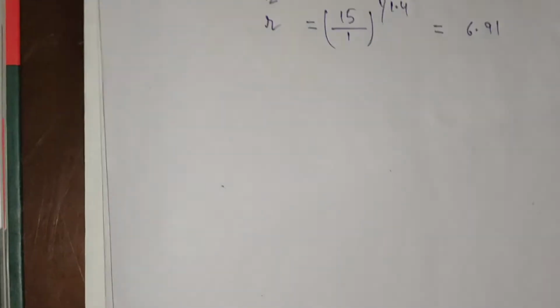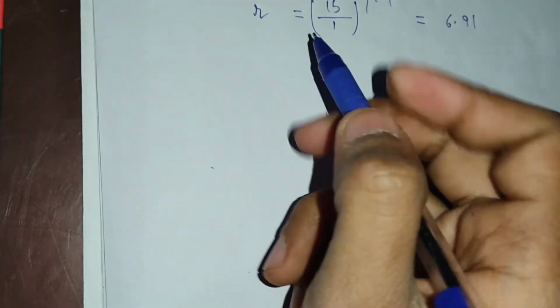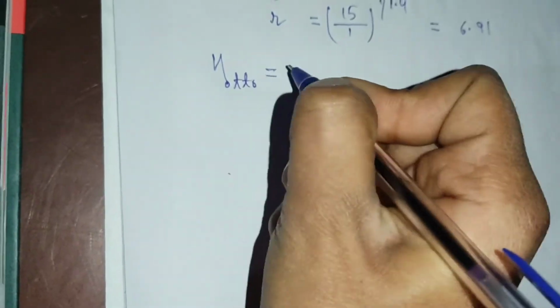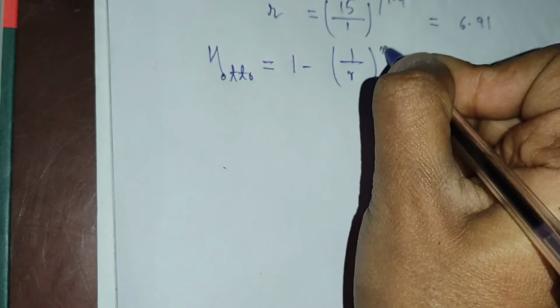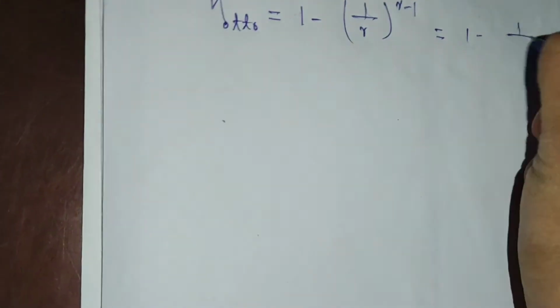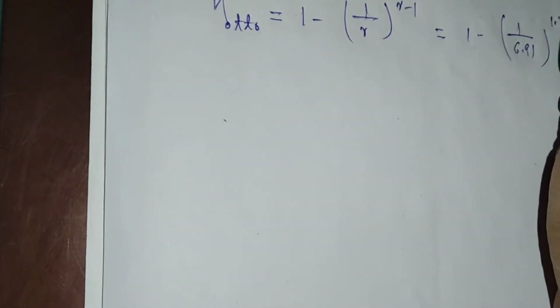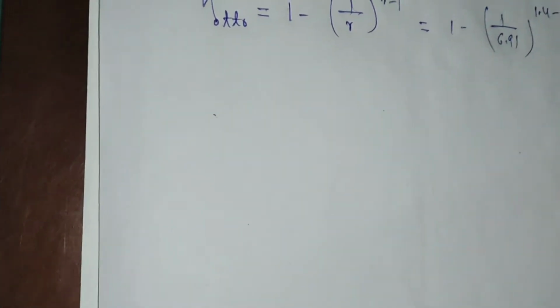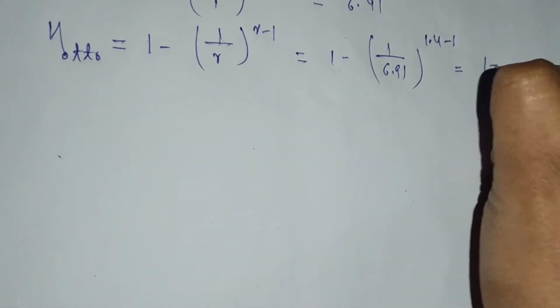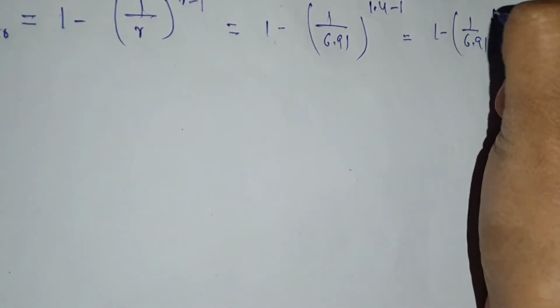Now we can easily calculate the thermal efficiency of this cycle. So thermal efficiency of Otto cycle is equal to 1 minus 1 upon R to the power gamma minus 1. Okay, so 1 minus 1 upon 6.91, gamma 1.4 minus 1, or we can say 1 minus 1 upon 6.91 to the power 0.4.